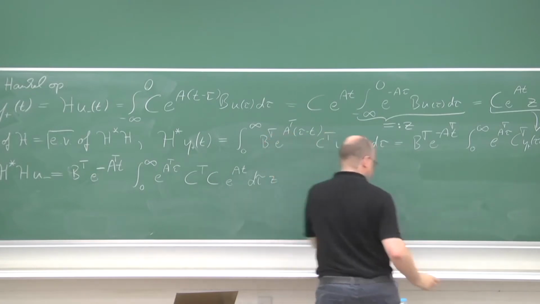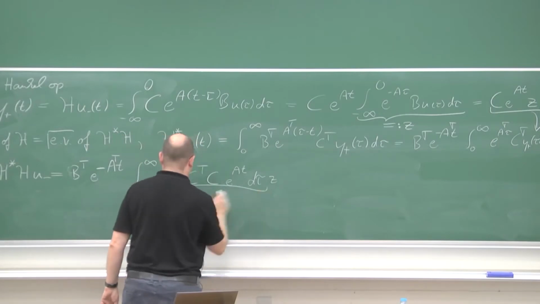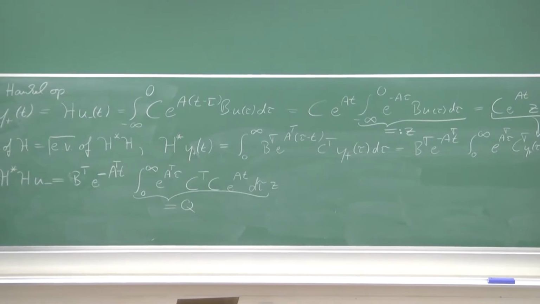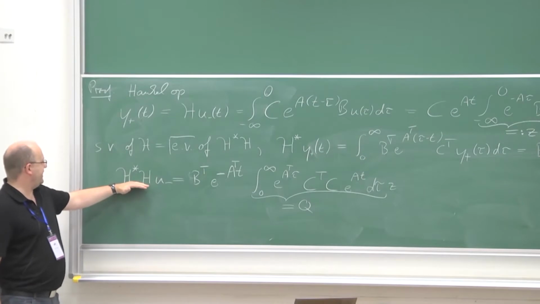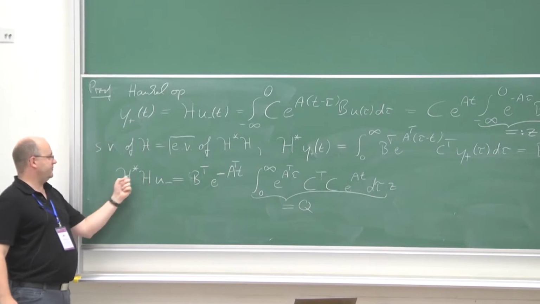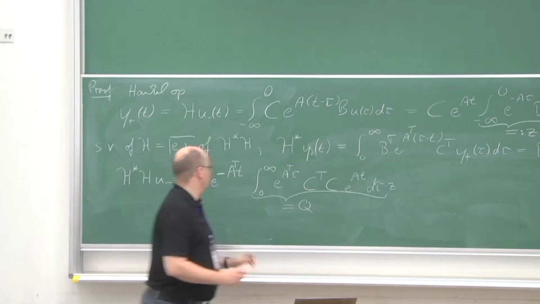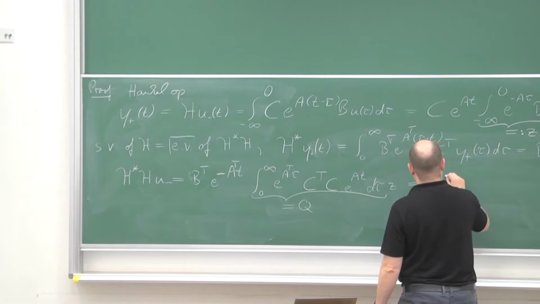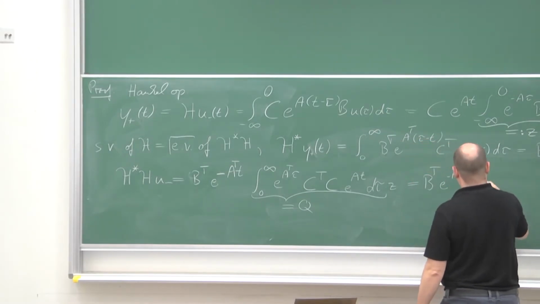And what you have here, that's of course our observability gradient. So we are heading in the right direction. We have related our eigenvalues, or at least this operator H star H, to the observability gradient. So what we get out here is B transpose e to the minus A transpose t Q theta.